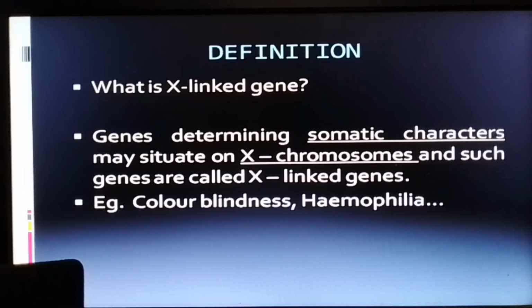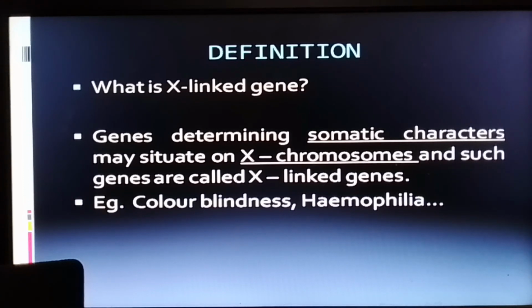Even the hair, even some of the bodily characters, you can use to differentiate male and female individuals. But some of the characters are purely somatic. They do not define according to the gender of the individual, like the blood clotting condition. So the genes which are responsible for blood clotting may be called pure somatic genes, is it not?